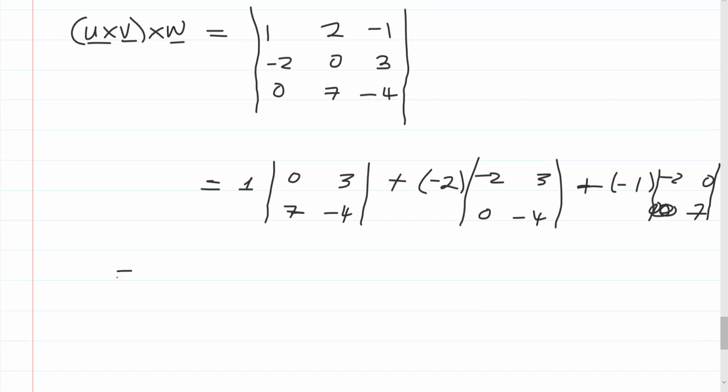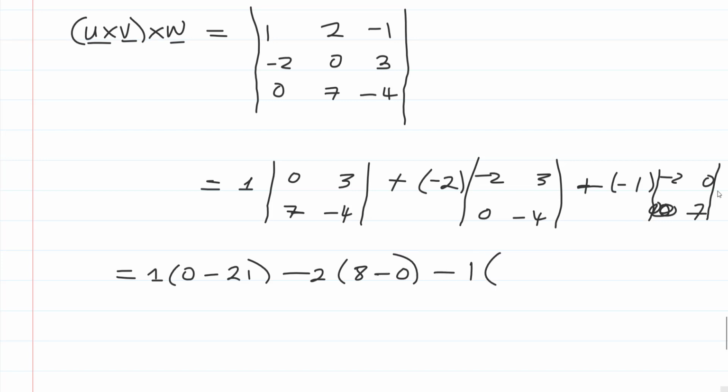So what we have here is 1 times: 0 times -4 is 0, minus 7 times 3, we have 21. Then here is -2, times: -2 times -4, that's +8, minus 0 times 3, that's 0. That's a -1 there, times: -2 times 7, we have -14, but of course minus 0.